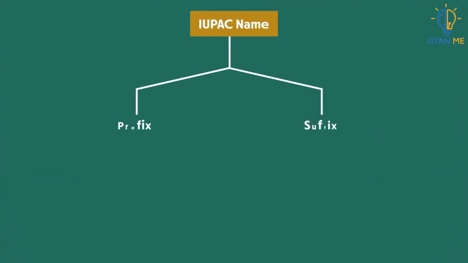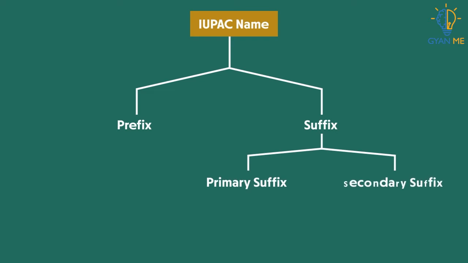Do you remember, while studying nomenclature rules, we told you that the name's suffix would be divided into two parts, the primary suffix and the secondary suffix. The primary one indicates the kind of bond and the secondary one indicates the functional group.